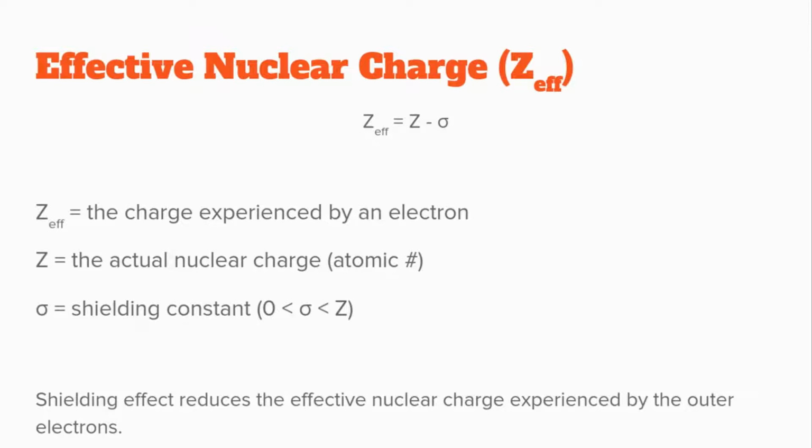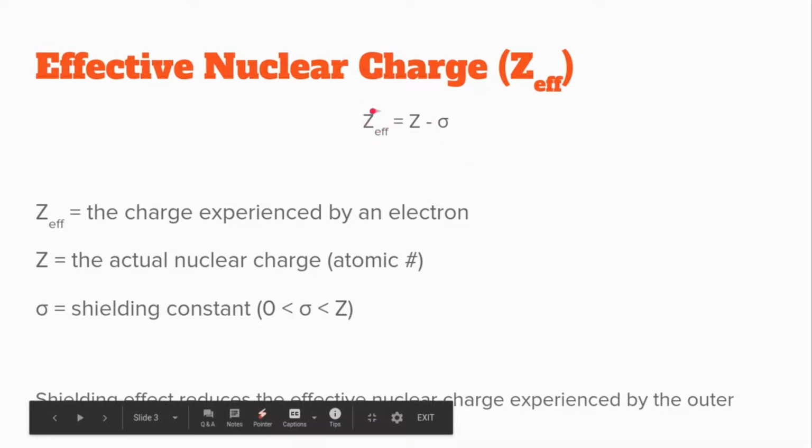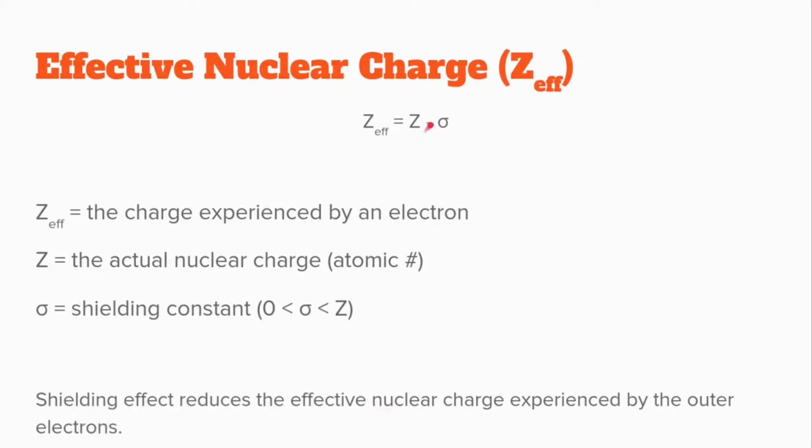And sigma here is the shielding constant, which you won't have to figure out. You should know that the effective nuclear charge is basically the actual nuclear charge, the number of protons, minus this constant that takes into account the fact that those inner core electrons are shielding the outer electrons from the nucleus.